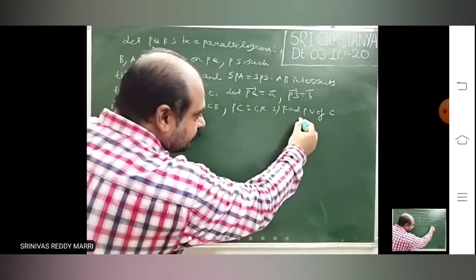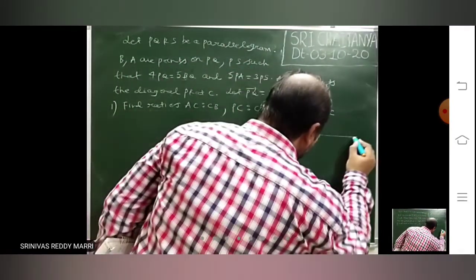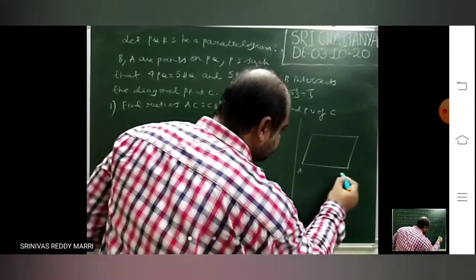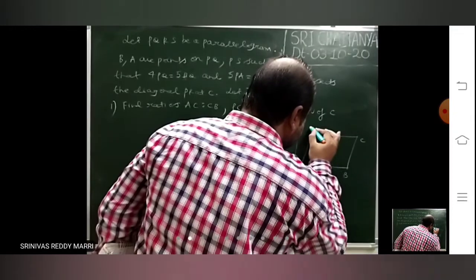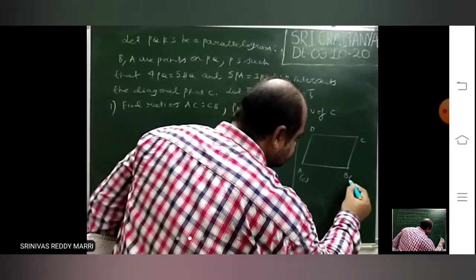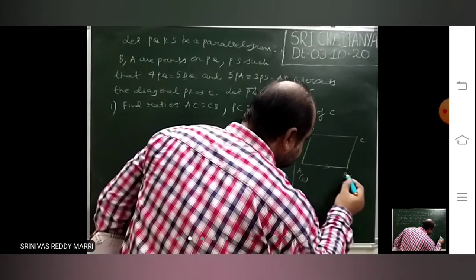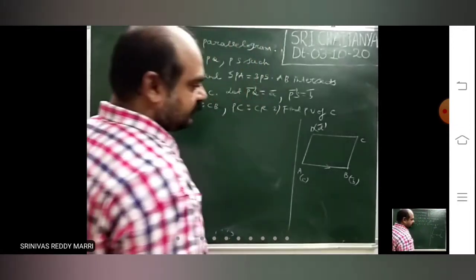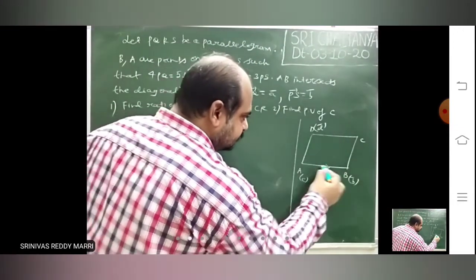Look at it. Whenever you are taking a parallelogram, A, B, C, D standard, take this vertex as origin. This is B bar and this is D bar, like this vector you take.